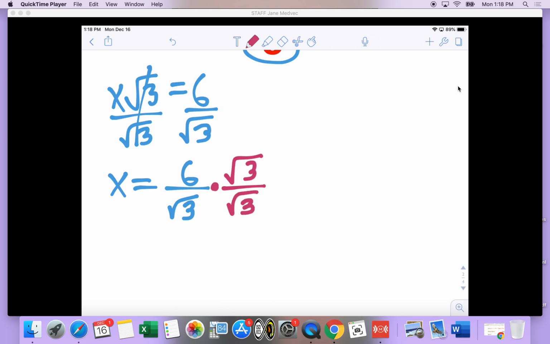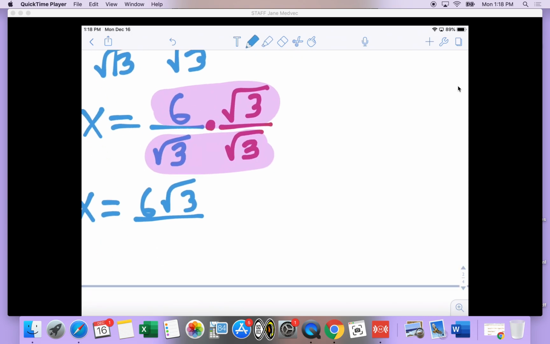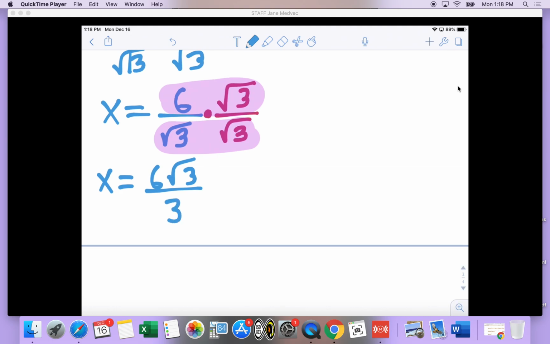Very good. So x equals, what's my numerator? Very good. 6 root 3. Again, I'm moving across. Those two together are 6 root 3. And then root 3 times root 3 gives me 3, right? Because root 3 times root 3 is root 9. Square root of 9 is 3.